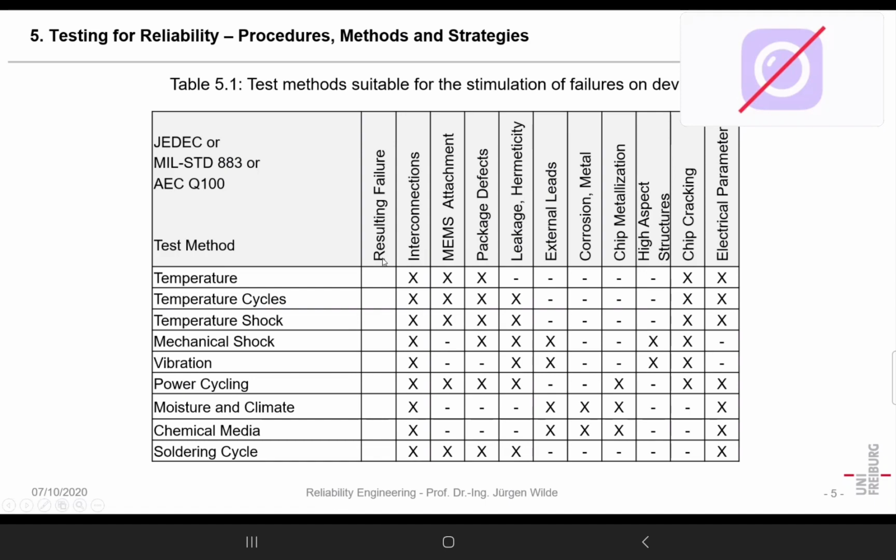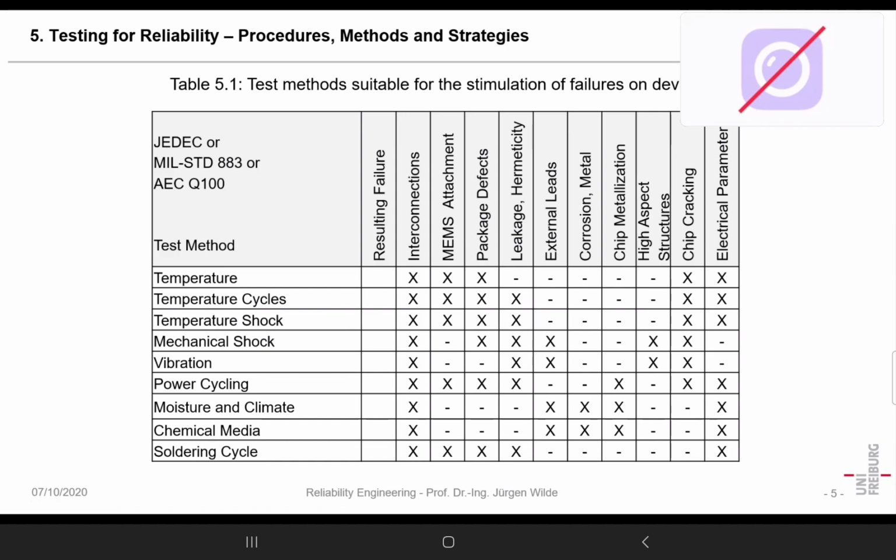Okay, so we have, of course, many things which are important. One is the interconnections, so the solderings, wire bonds, and so on. Then, for instance, in MEMS or general devices, we have the attachment, how it is attached. That can have an influence, especially in temperature cycles and shock.